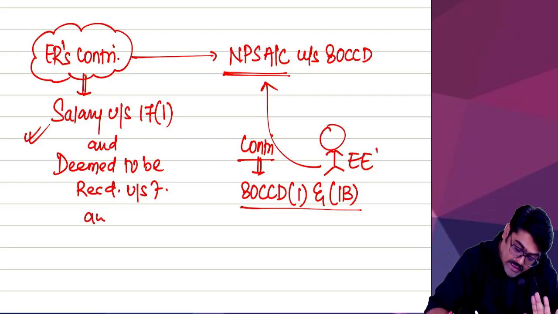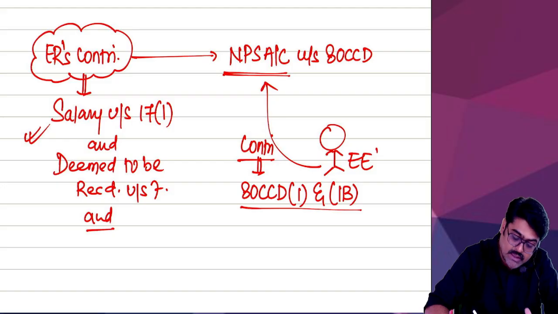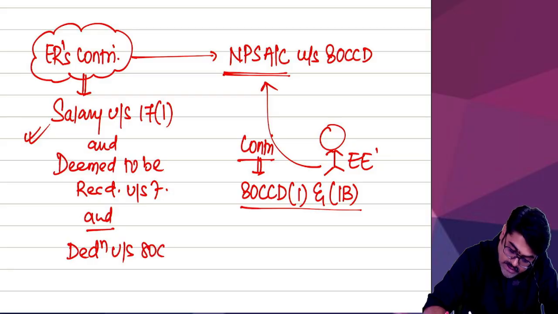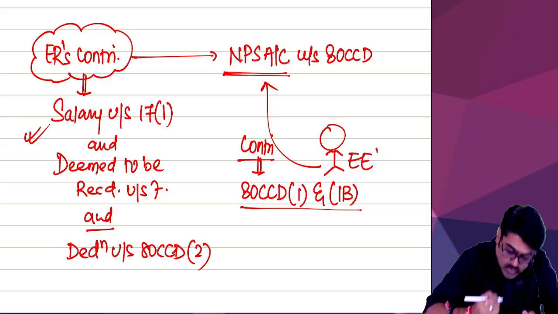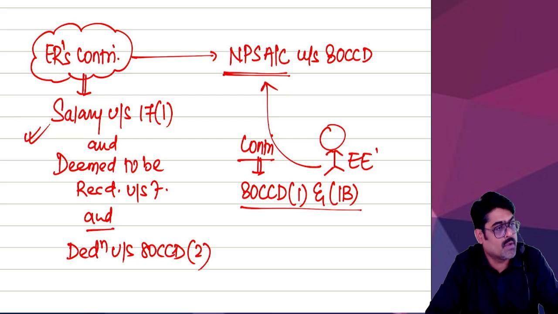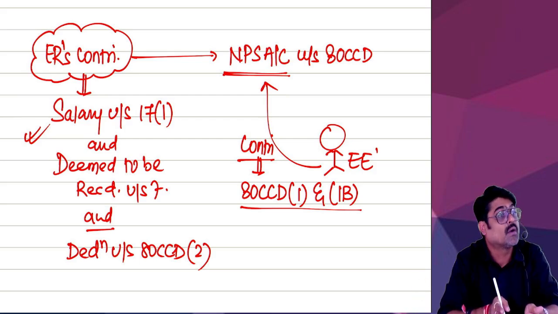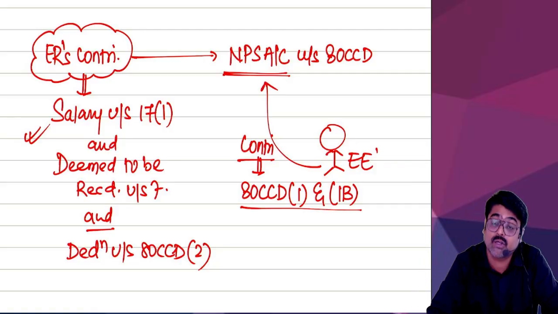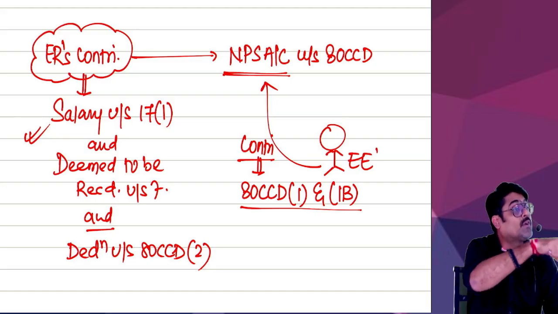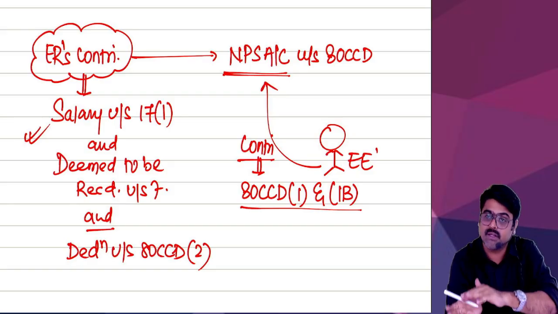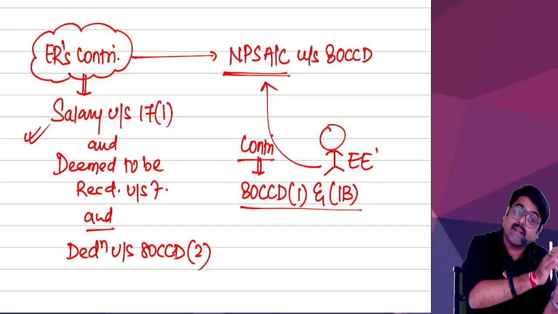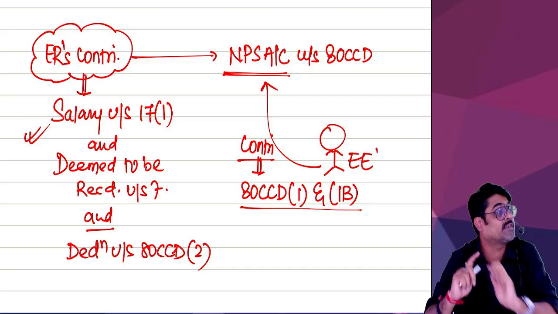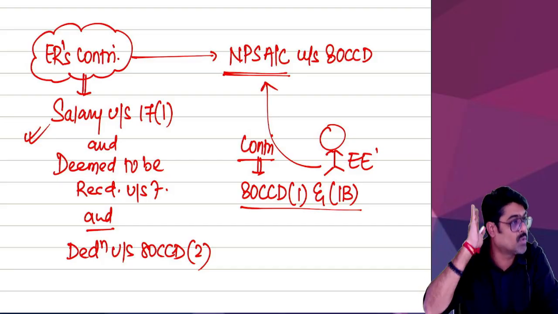And for this, additionally, the employee will get the deduction under section 80 CCD subsection 2. So for your own contribution out of your salary you get the deduction, and you will get the deduction for employer's contribution also, because that is already considered as your salary. So first consider that as your salary income, and then take it as a deduction under section 80 CCD 2.